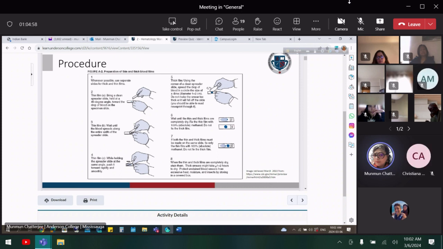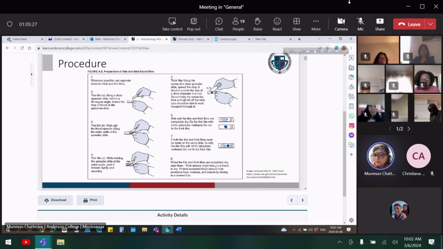They are showing it. We are going to show you how to do the smear. It said, whenever possible, use separate slides for thick and thin films. Don't use the same slide. Thin film: bring a clean spreader slide held at a 45-degree angle. The angle should be more for the thin slide, towards the drop of blood on the specimen side.